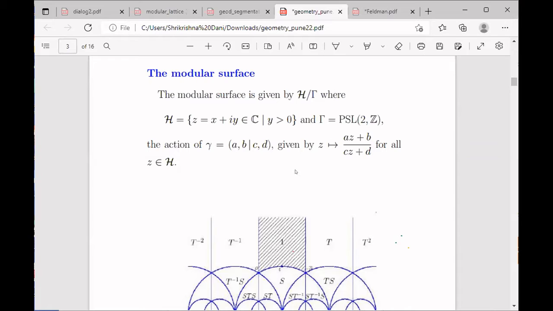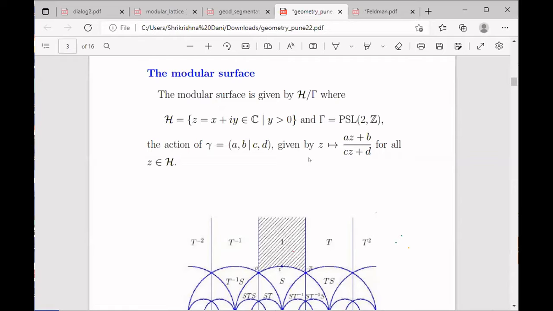I don't think I need to introduce the notation. If I take a matrix (a b; c d), it acts as (az+b)/(cz+d). A few things to check here, that if you start with a point on the upper half plane, this will go into the upper half plane, etc. Those are standard things which we can assume.